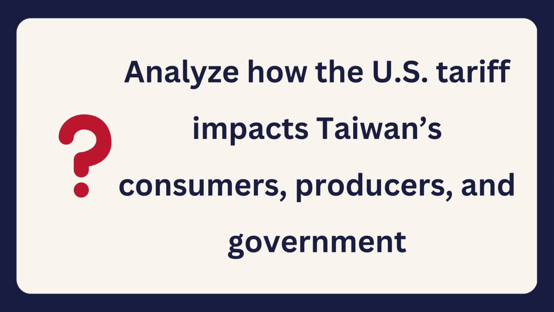Taiwan's consumers are only slightly affected since the tariff targets exports, not the domestic market. The Taiwan government receives no tariff revenue and faces indirect pressure because weaker exports reduce overall economic performance and require policy or negotiation responses.